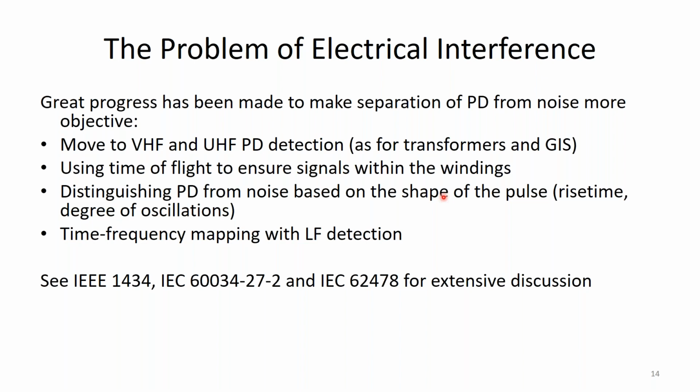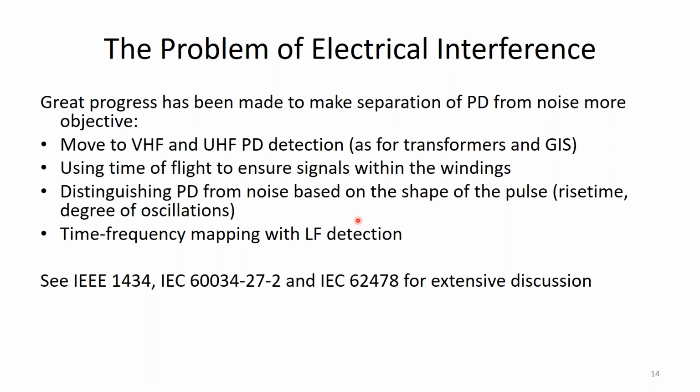Or it could be done in the low frequency range using something called time frequency maps, which are popular, although there are some assumptions involved in that. So there are hardware and software ways of looking at the shape of the pulse, because it turns out PD within a stator winding tends to have a different shape of pulse than most kinds of noise, okay?